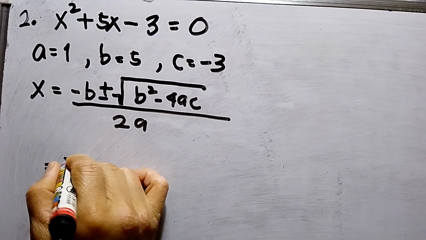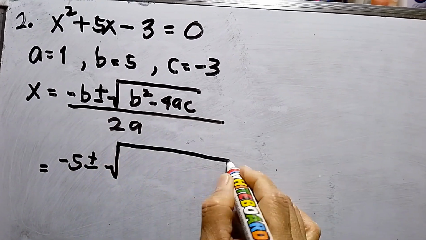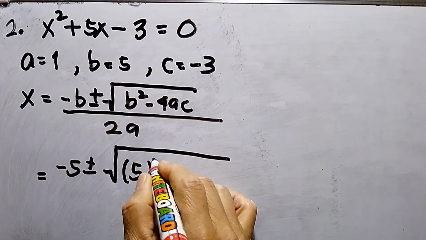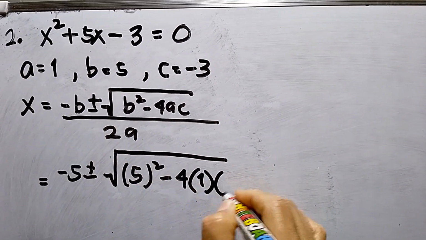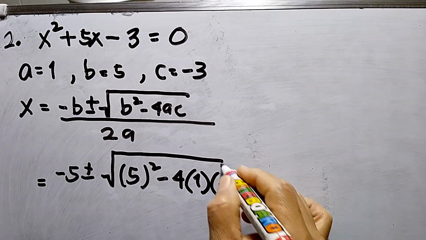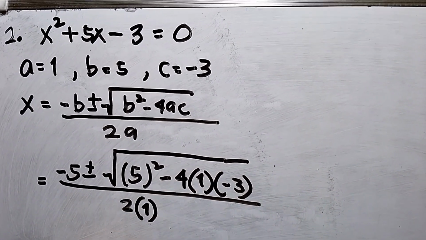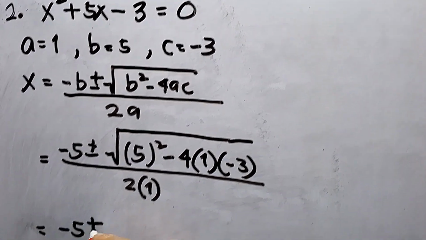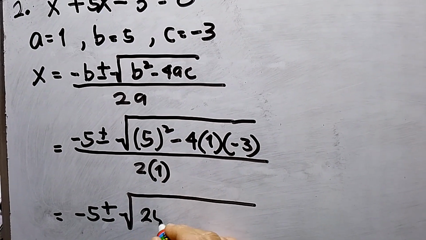Then substitute negative 5 plus and minus square root of 5 squared. Then minus 4, a is 1. Then c is negative 3 all over by 2 times 1. So this is negative 5 plus and minus square root of 5 squared is 25.